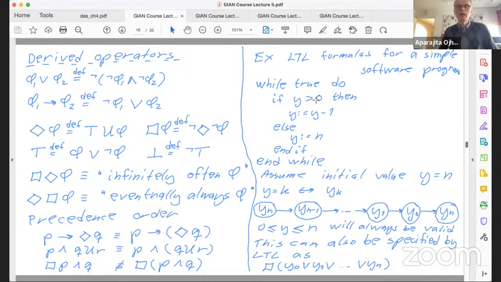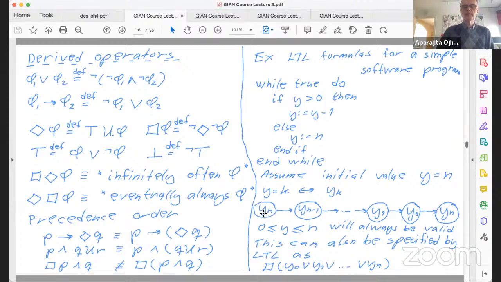So we can assume here that the initial value is y equal to m. When y is equal to k, we also call it y index k. So y equal to k is expressed as yk. It's just a shortcut or sugar notation.